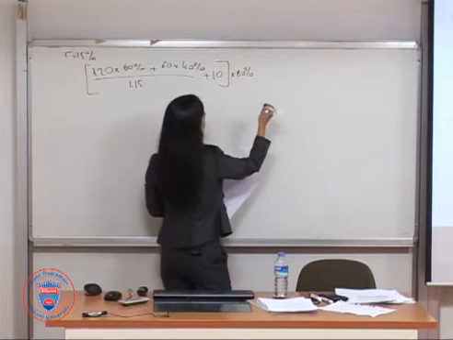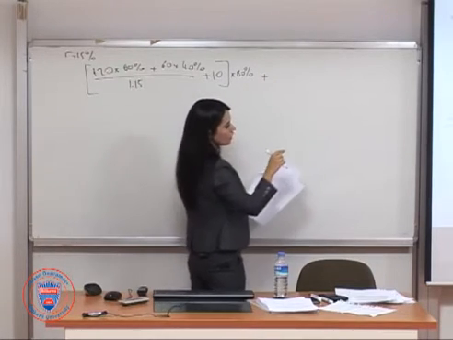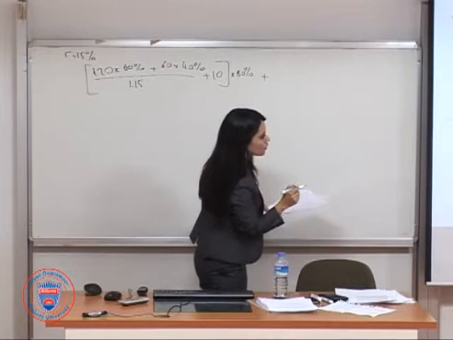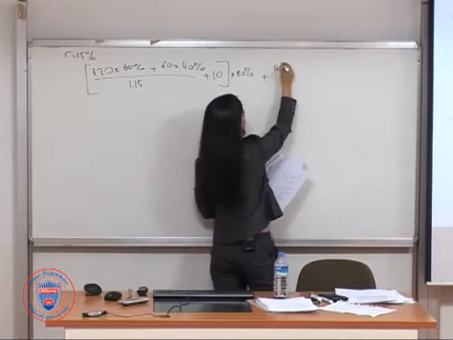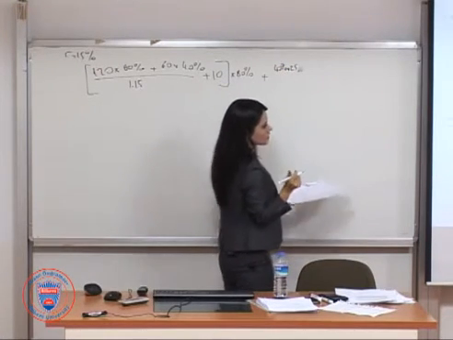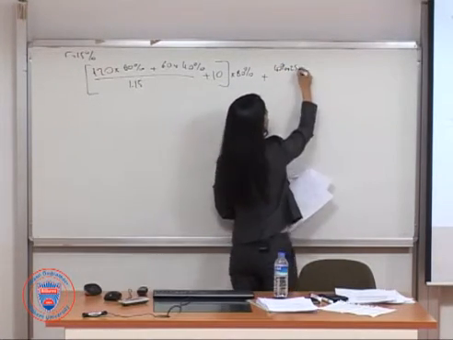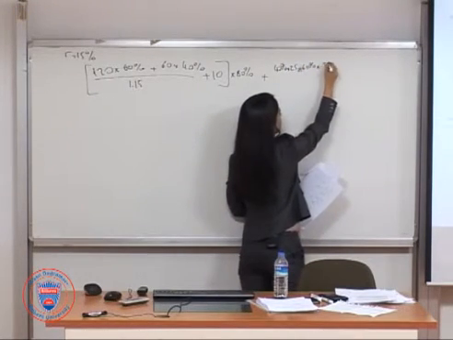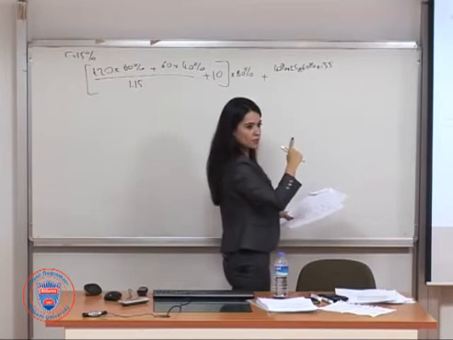Plus, look at the lower branch now. With 40% chance, I'm going to make 25 million. And with 60% chance, I'm going to lose money, which is minus 35. This happens at time 2.